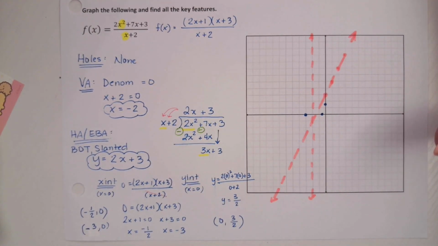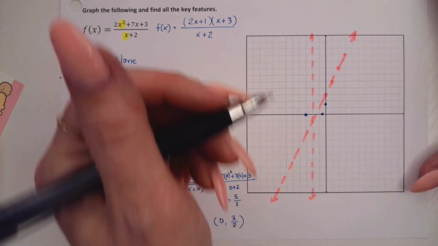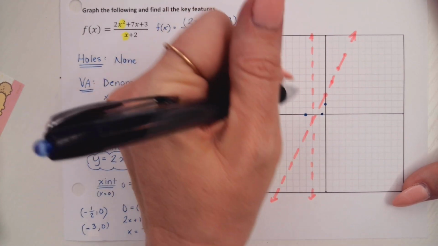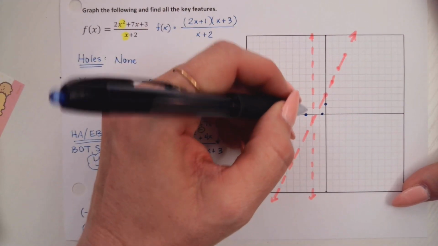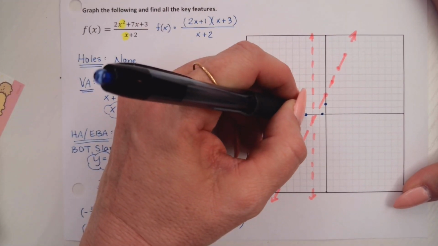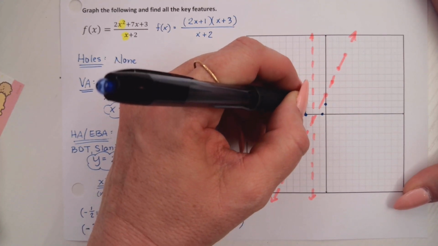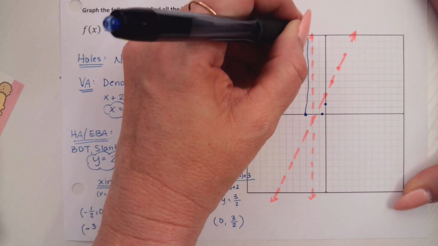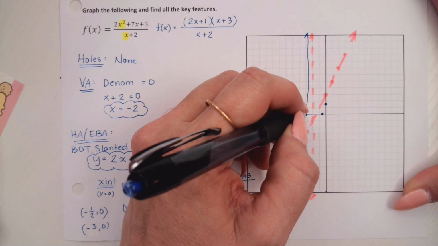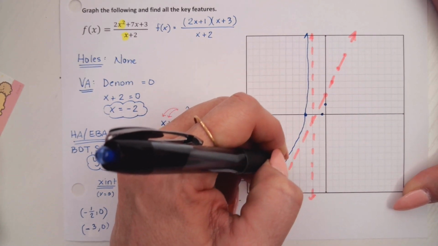Okay, so those branches, are we going to have pizza slice branches or large branches? Large branches. Do we have enough points to graph them? Yes. So we're going to use our point and we're going to use the asymptotes to guide what it looks like. For my leftmost point, as it goes up, it's going to follow the vertical asymptote. As it goes down, it's going to turn and follow the slanted asymptote.